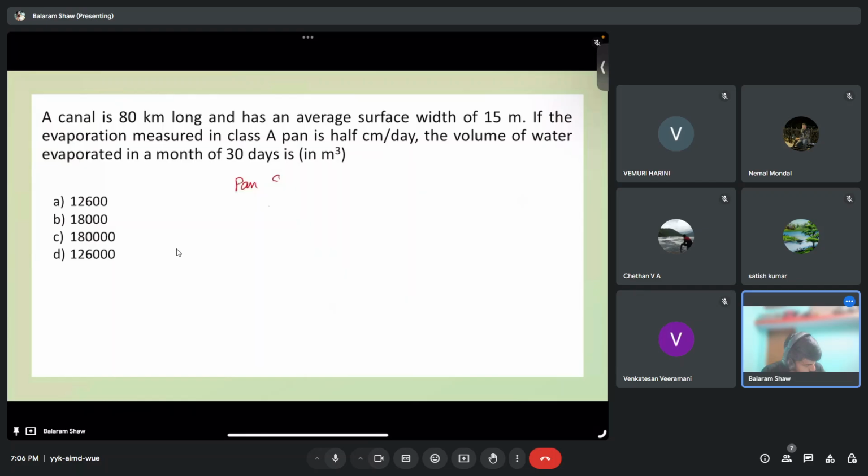So if you need the average value for ISI standard coefficient, it is 0.8.